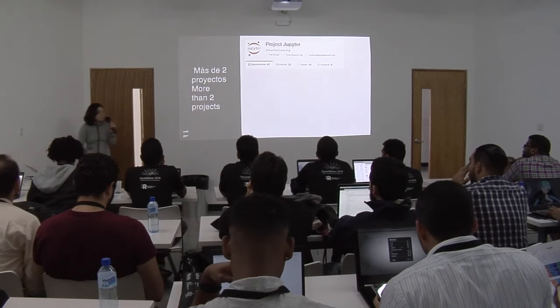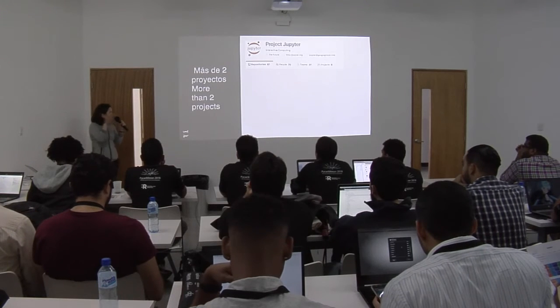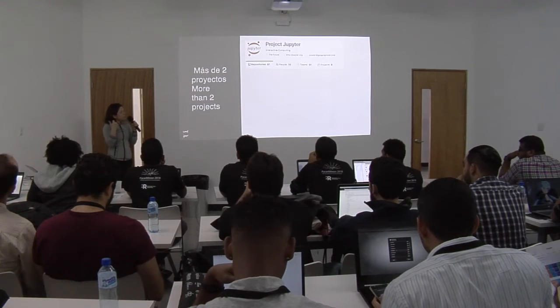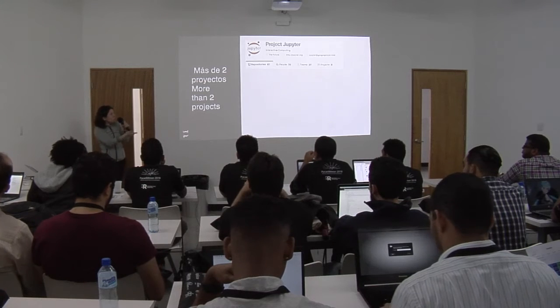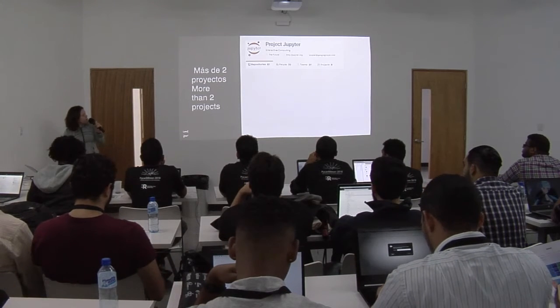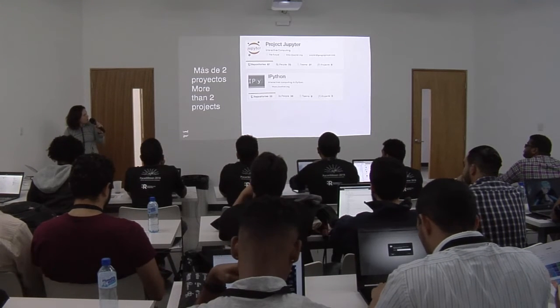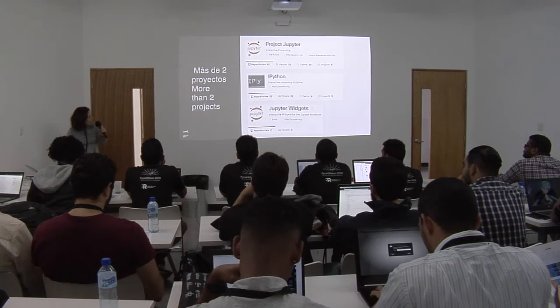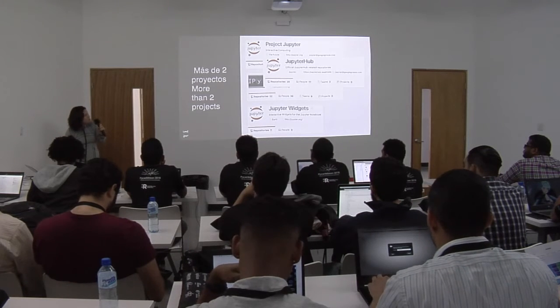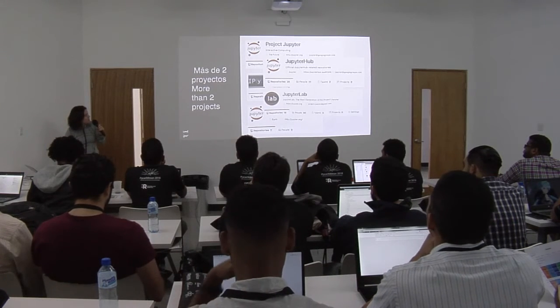And actually we have more than 2 projects. So we have más de 2 proyectos de IPython y el notebook. So this is Project Jupyter. This is IPython, Jupyter Widgets, JupyterHub, y JupyterLab.